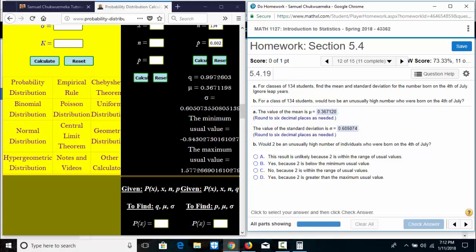The thing is, if we round this to human beings, then 2 is just in the range. Okay, 2 is just in the range. So we'll say, would 2 be an unusually high number of individuals? We'll say no, because 2 is within the range of usual values. Okay, so we say C.